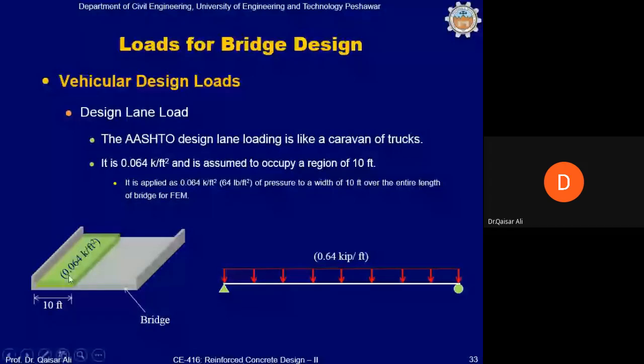But if this load is to be applied on a line element, it must be multiplied by 10, and then 0.64 kip per foot shall be applied on this one-dimensional element.